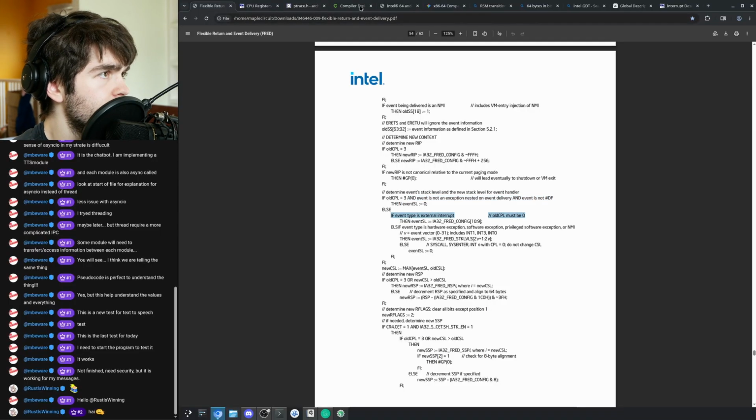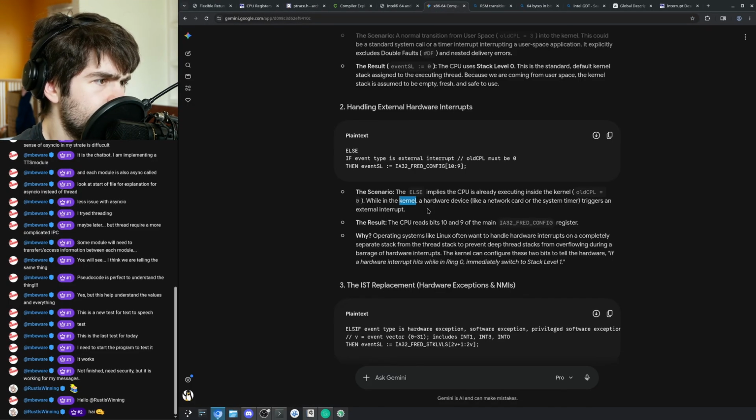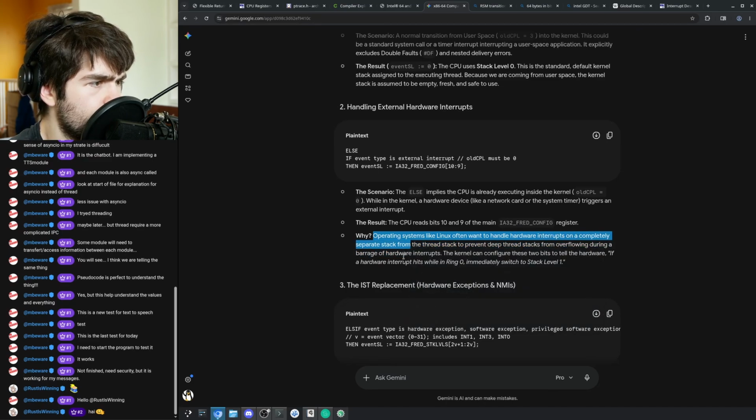I don't know. While in the kernel, a hardware device like a network card triggers an external interrupt. The result: the CPU reads bits 10 and 9 of the main IA32 thread config register. Why? The operating system, like Linux, often wants to handle hardware interrupts on a completely separate stack from the thread stack, to prevent deep thread stacks from overflowing during a barrage of hardware interrupts.